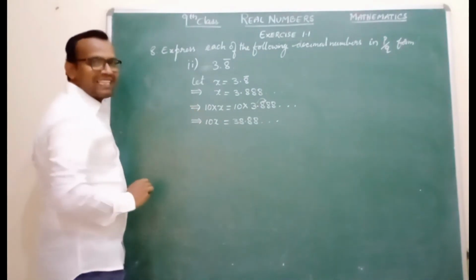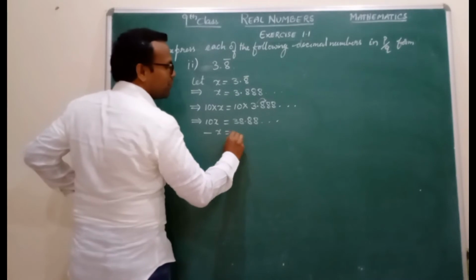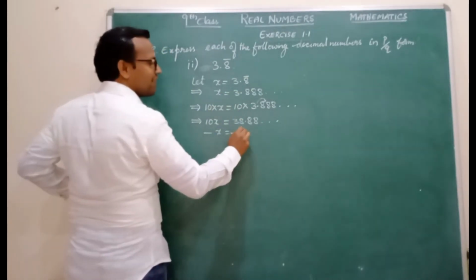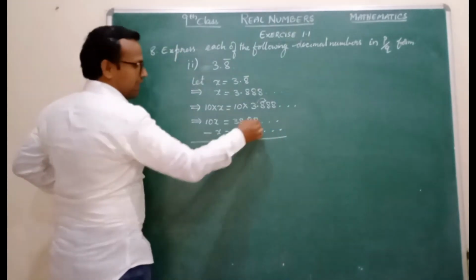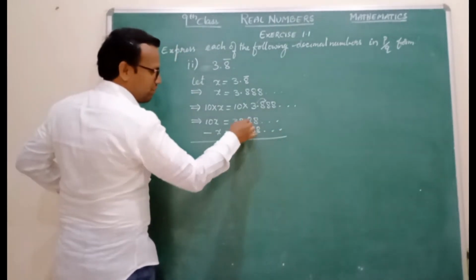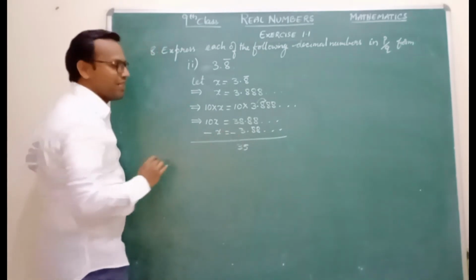Now from this 10x, let me subtract 1x. So minus, what is 1x? 3.88 and so on. 8 minus 8, 0. 8 minus 8, 0. 38 minus 3 is nothing but 35.